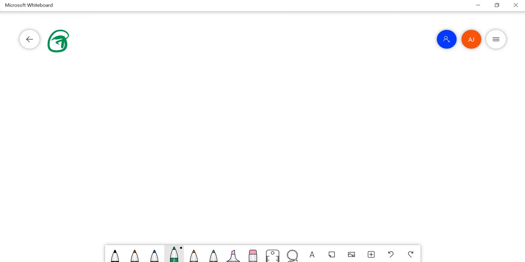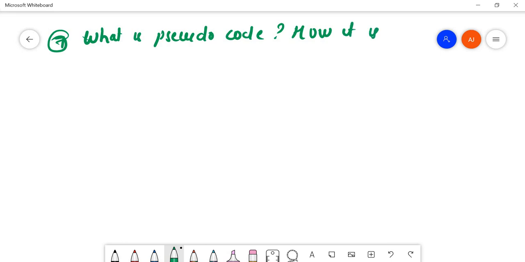Okay, so there is one question that I need to answer, I think. So the question is, what is pseudocode and how is it different from algorithm? Fine, so I'm going to write the answer for this.